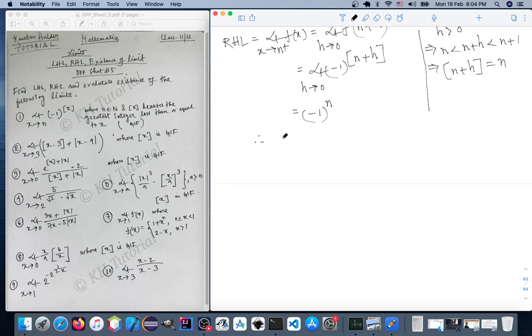Therefore LHL not equals RHL, which implies the limit as x tends to n of the given function does not exist.